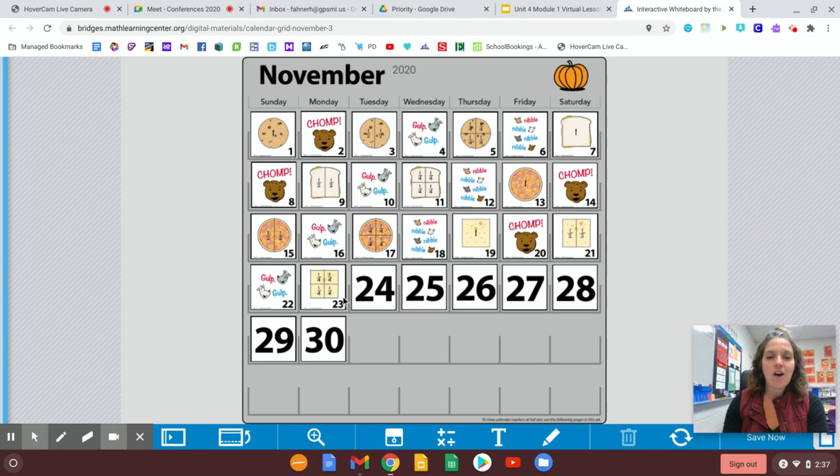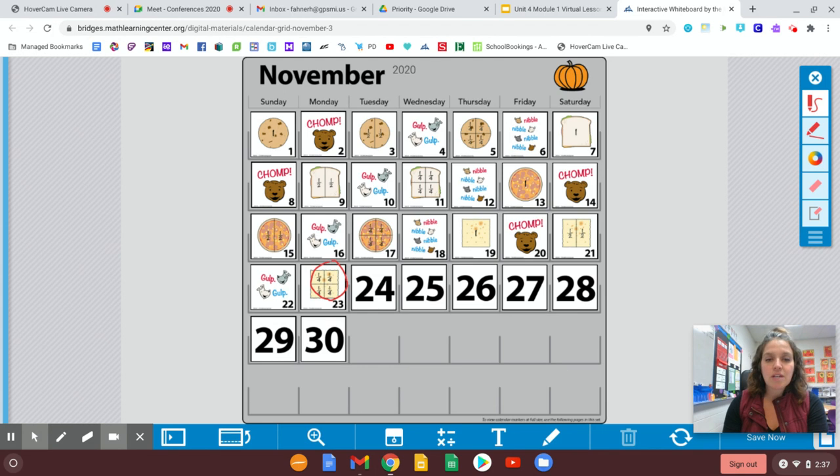Let's shift our eyes all the way down to number 23. 2 groups of 10 and 3 left over. 23. Can everybody find 23 for me? Here's our 23.